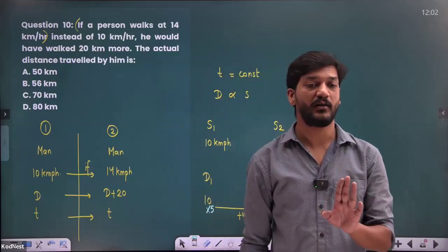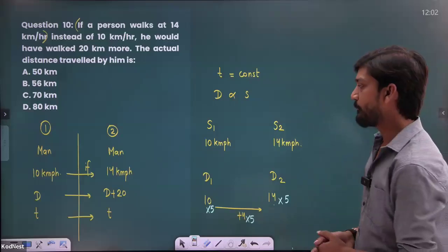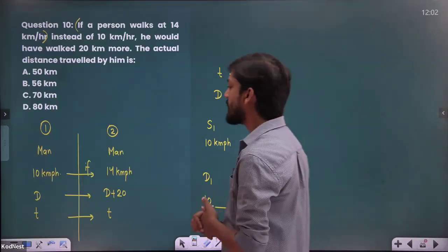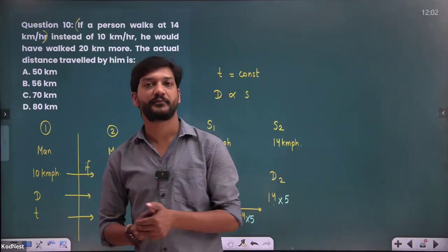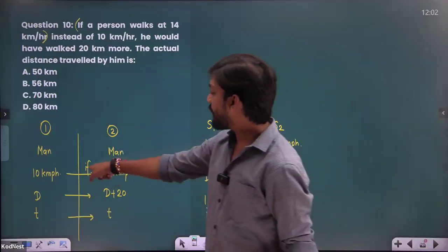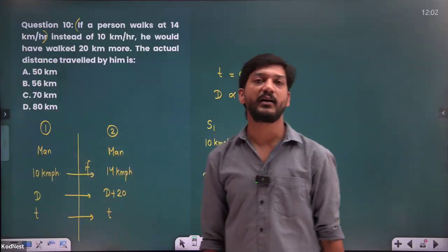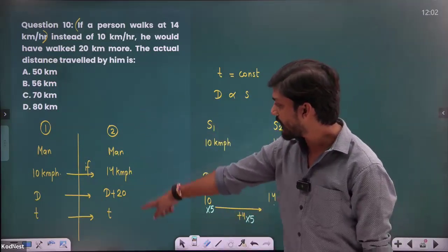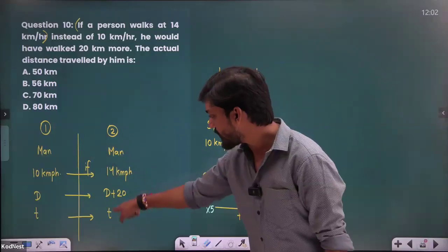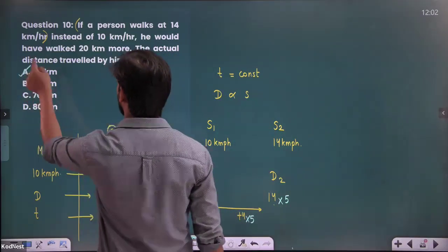What is actual, not imagination? What distance is actual? D or D plus 20? D is actual. My dear, if is not reality. Before if, the reality is there. This is not reality. If means this part is imagination. So this way D is correct. So D is your answer.